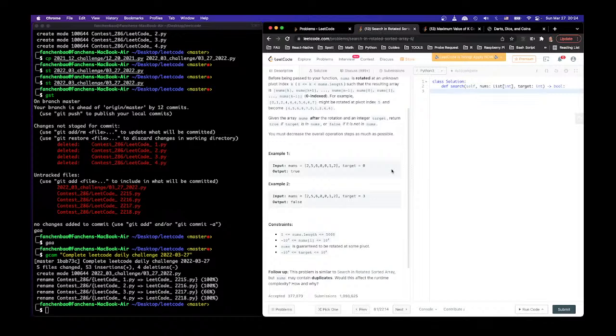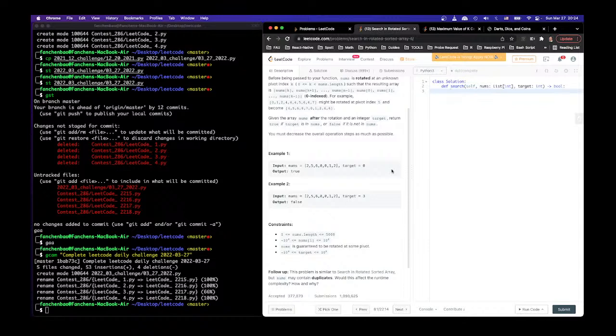Well, if it's smaller than the left, we're going to say it belongs to the right, but it could be that the left and right are the same. If they're the same, that's fine, right? So if my target value is the same as left or right, we're already done, right?